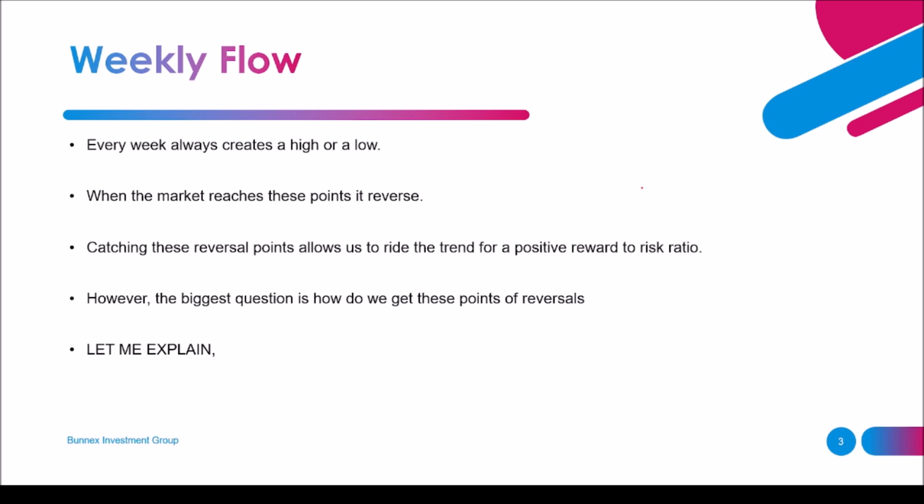Firstly, we need to highlight how the weekly flow occurs. Each and every week, a week creates a high or a low, right? This is inevitable for the market makers not to do so. There is always a point where they will actually have the highest particular price or the lowest particular price for that week. When the market reaches these points, it reverses.